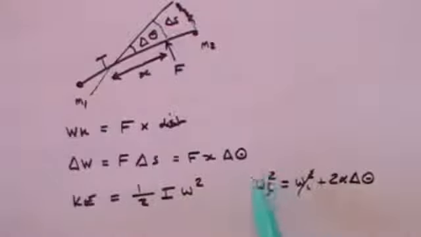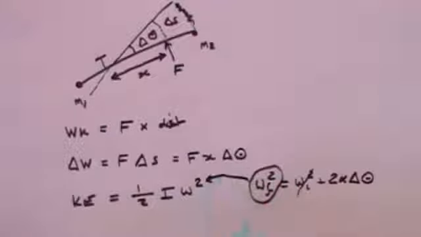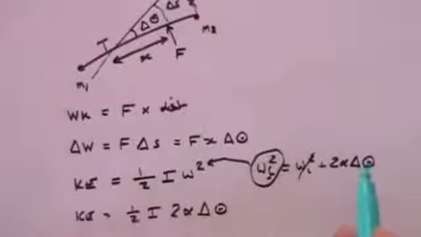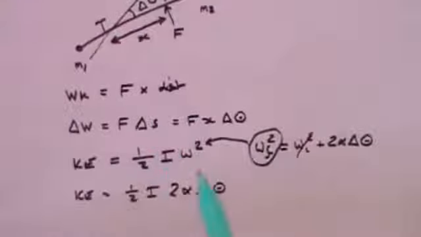And I'm going to take that omega squared and substitute it in here. So now I've got that the kinetic energy is a half times I times 2 alpha delta theta, which is what I got from here. But now I can say that the work done is equal to the kinetic energy achieved, because work is just converted into energy.